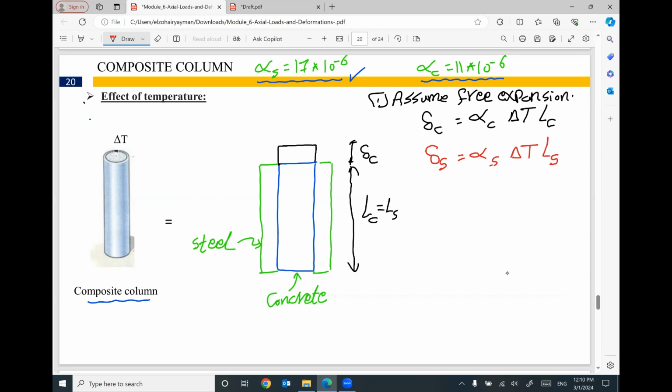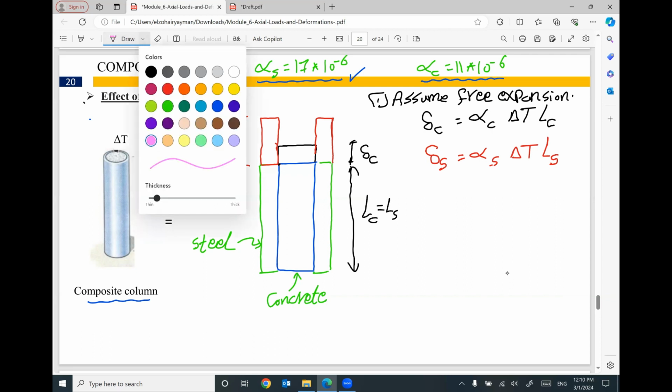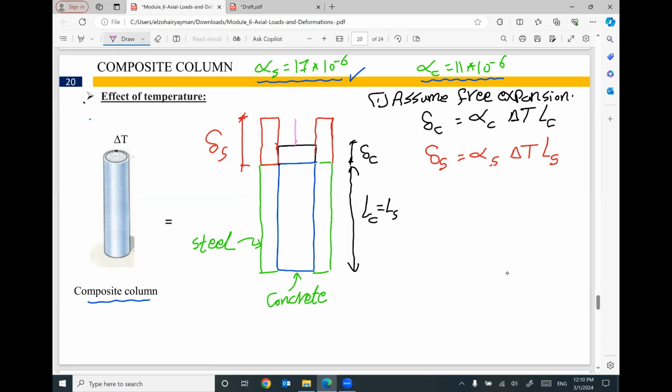So the steel will expand more than the concrete, and we figured out why, because the alpha of steel is bigger than the alpha of concrete. This is the expansion of steel. Unfortunately, we will have a difference, delta.